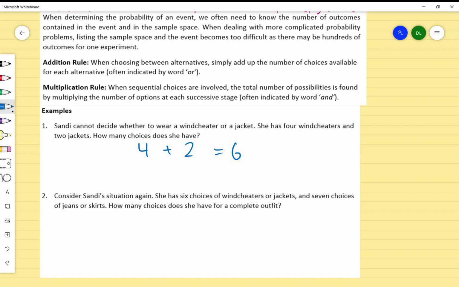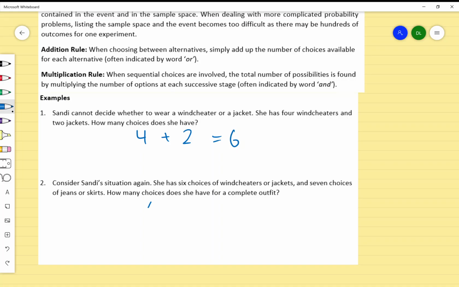When sequential choices are involved, the total number of possibilities is found by multiplying the number of options at each successive stage. And that's very similar to stuff we've already done in probability in previous years. We've got 6 choices for wind cheaters or jackets. I'm going to try my best to draw a shirt just to show it's the top of the clothing. And then jeans.